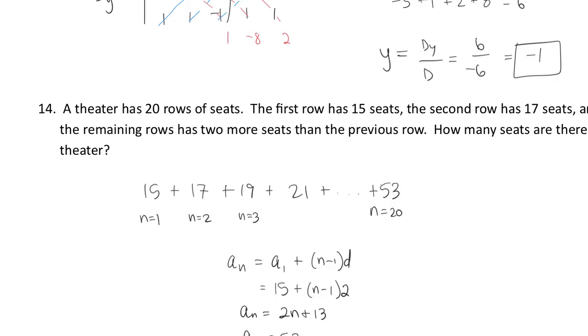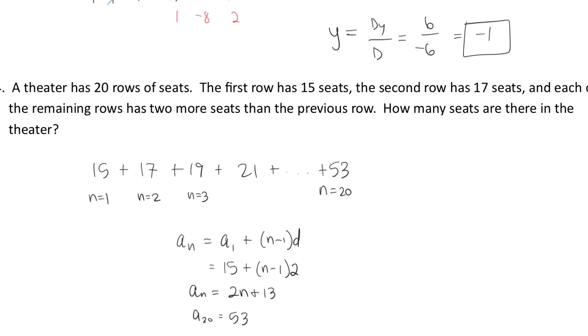So the other formula you will have on the formula sheet is the partial sum of an arithmetic sequence. So if we're going from the first to the 20th spot of 2n plus 13, then the partial sum is n over 2 times the first term plus the last term.